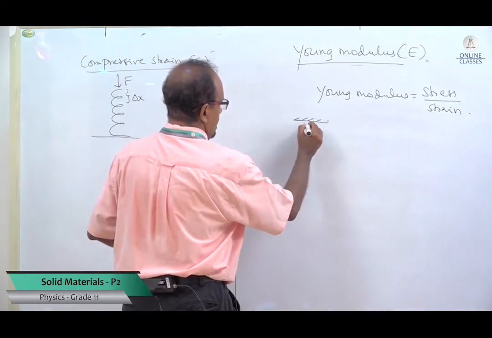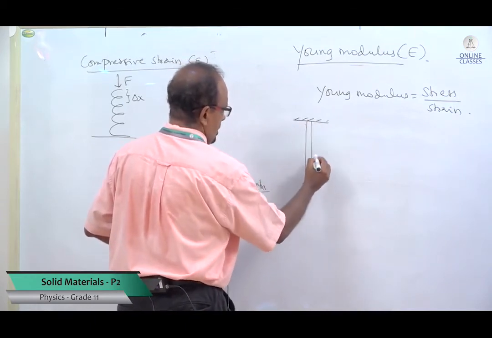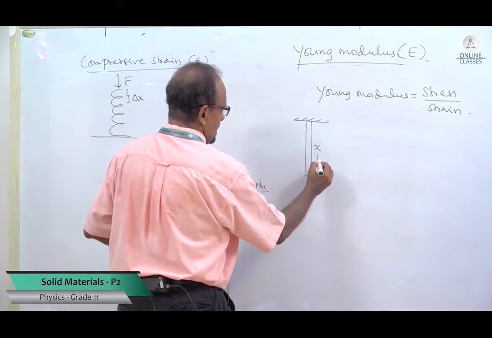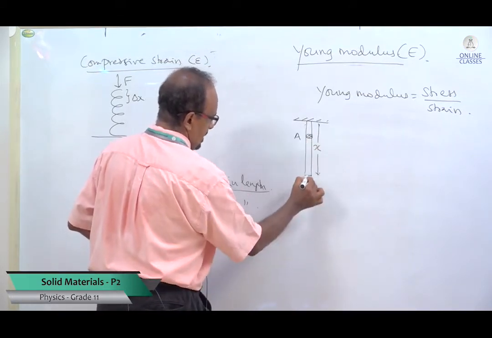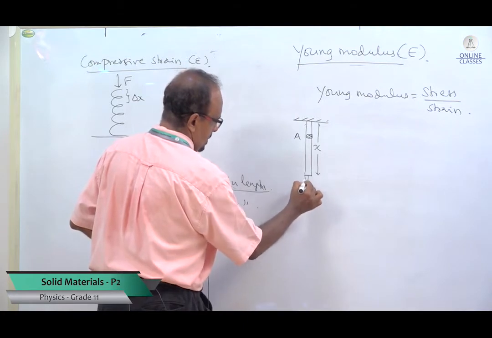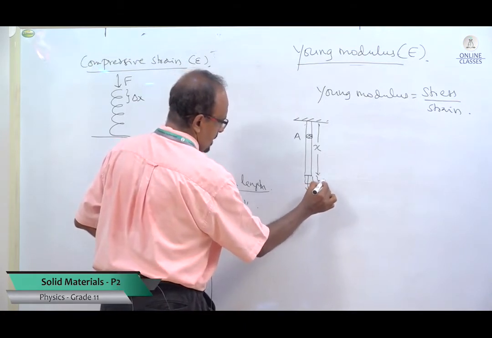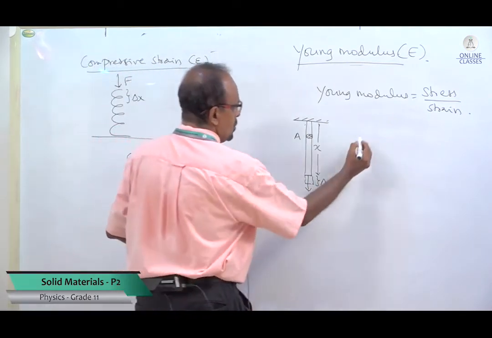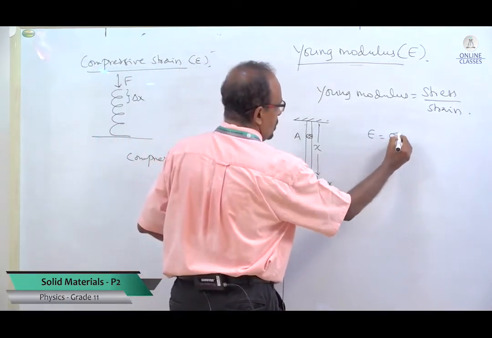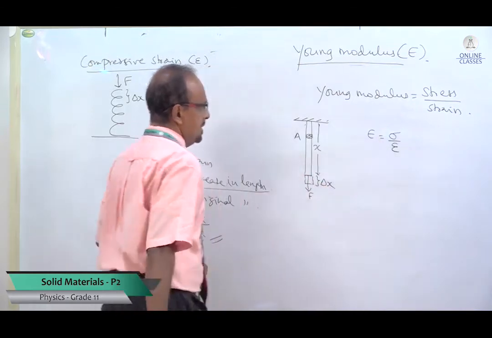We will take a wire which has original length x and cross-sectional area A. When you apply a force, its extension is delta x. So Young modulus I can write as sigma over epsilon.